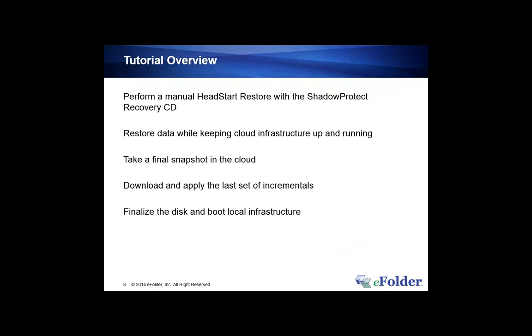Now, also keep in mind that this does work for everything I'm going to show you now, if you have to fail over just to a BDR local, whether it's yours or ours, or you have to virtualize locally because of a failed server. The steps I'm going to show you today will help you to minimize downtime and restore business continuity faster when you're failing back over to a production environment.